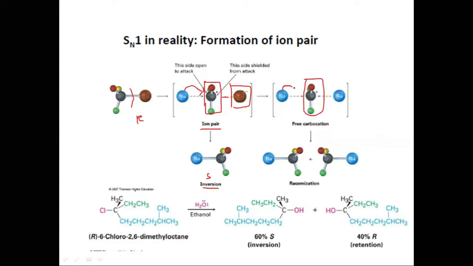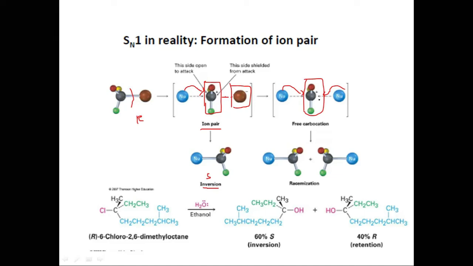It can attack from the back side, or it can also attack from the front side, because there is no hindrance from the leaving group, because the leaving group has already left the carbocation, and now the carbocation is free, and the incoming nucleophile can attack from either face, front side or back side.